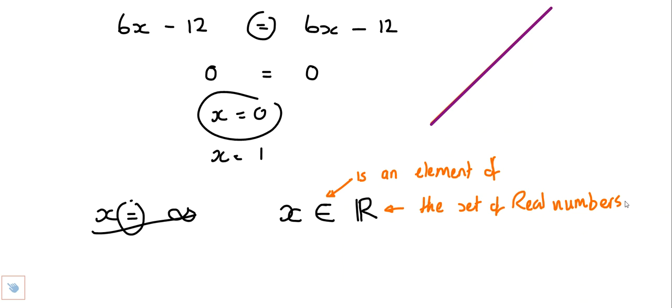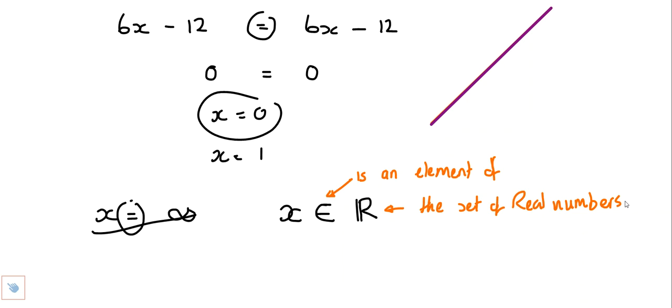Decimals would fall within another set, real numbers. Numbers that can be written as fractions are rational numbers. Numbers that can't be expressed as a fraction, we talked about them, they're called irrational. Real numbers are basically all numbers apart from imaginary numbers.